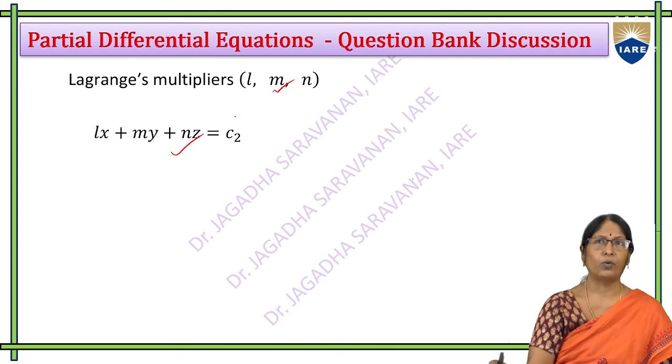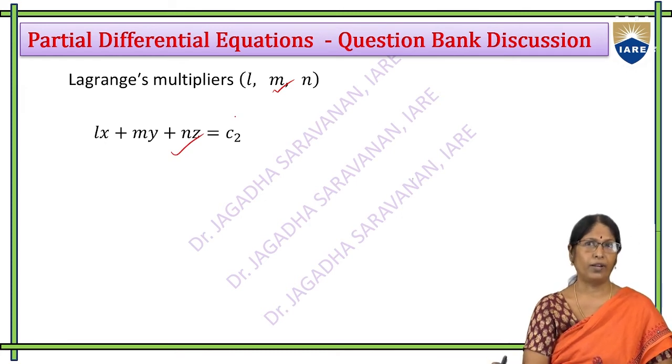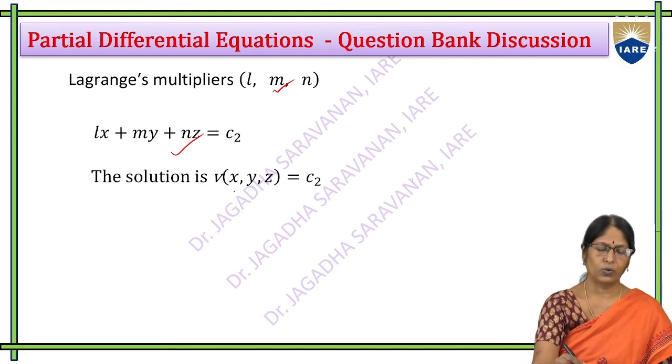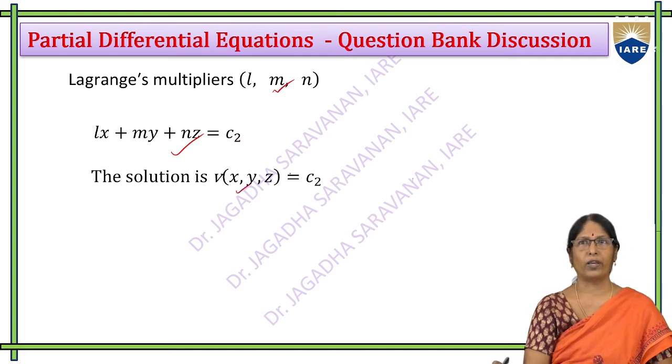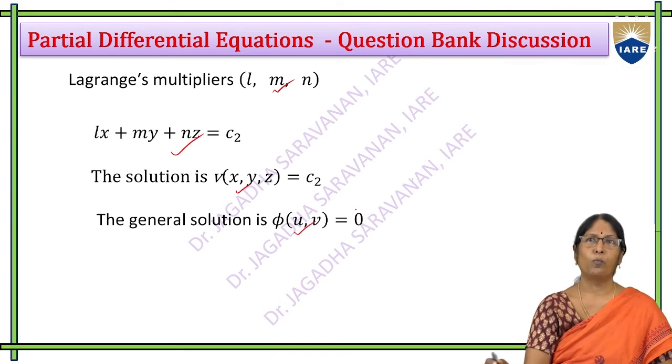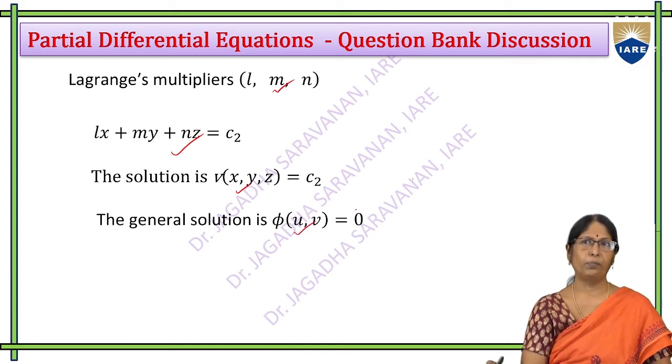In a similar manner, this is the result we obtained. So the solution is v of x, y, z equal to C2. The general solution is both combined. We have written pi of u, v equal to 0.